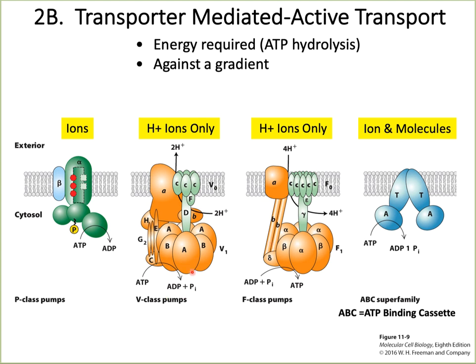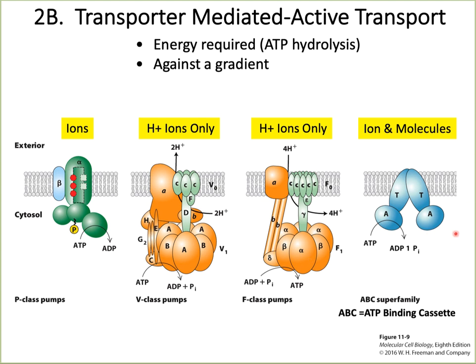The V class pumps couple ATP hydrolysis to transport protons against a concentration gradient, and they generate a low pH of plant vacuoles, lysosomes, and other acidic vesicles in animal cells by pumping protons from the cytosol into the organelle or vesicle. The F-class pumps, on the other hand, work in reverse to use the energy in a proton concentration or voltage gradient to drive ATP synthesis in mitochondria and bacteria.